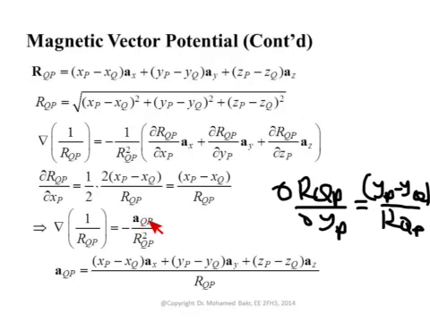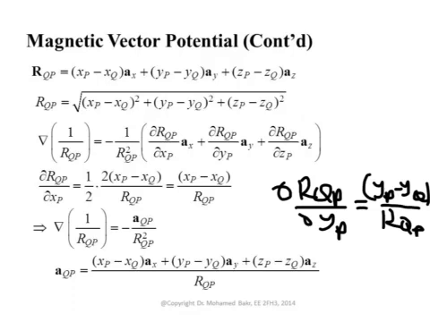So now we know that the gradient of 1 over rqb, the distance between the observation point and that current element, is nothing but minus the unit vector pointing from q to p divided by the distance between them squared. This is coming from these 4 lines here. I will show you how this simplifies the analysis a lot when we calculate our magnetic vector potential.